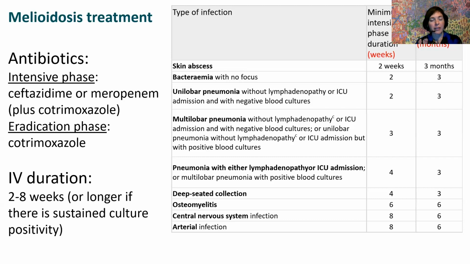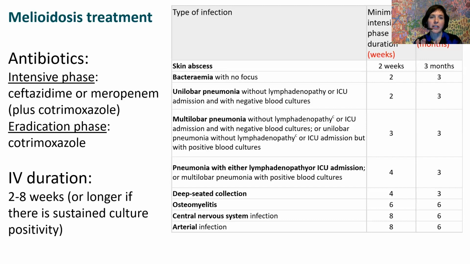There's an adjustment currently happening to our protocol, which is to step the cotrimoxazole in gradually rather than starting it at full dose all at once at the beginning, because what we're finding is the very high dose that we use. So normally, for somebody over around 60 kilos, it comes out at about 2 double-strength tablets twice a day, which is a fairly whopping dose of cotrimoxazole to be using.